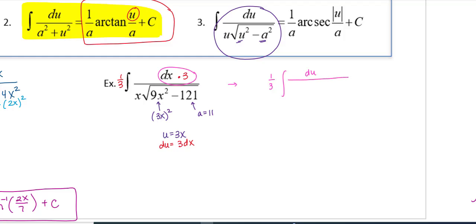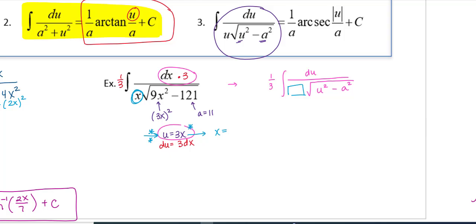I'll talk about the x here in a second, but I would have the square root of that 9x squared becoming that quantity u squared minus my a squared. So it is looking like that arcsecant formula, although what goes right here? Well, that's x. Solve the equation that you wrote. You can use this at any time, as many times as needed, especially if we're changing bounds or things like that.